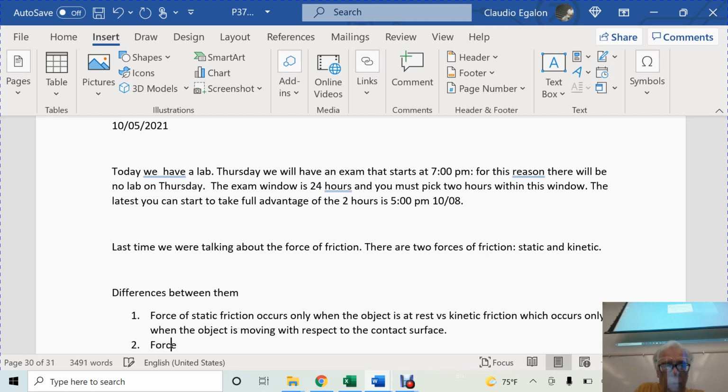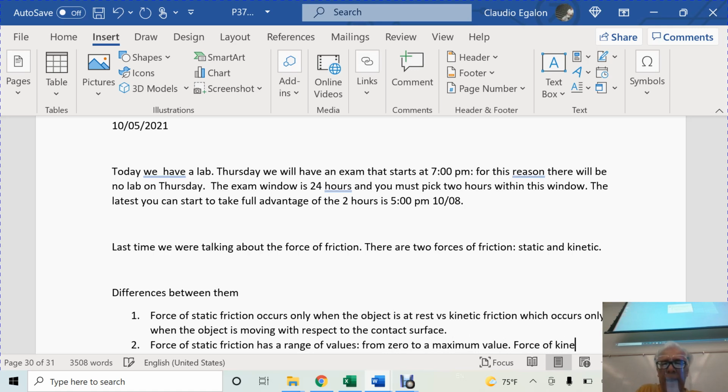Two. Force of static friction has a range of values from 0 to a maximum value.